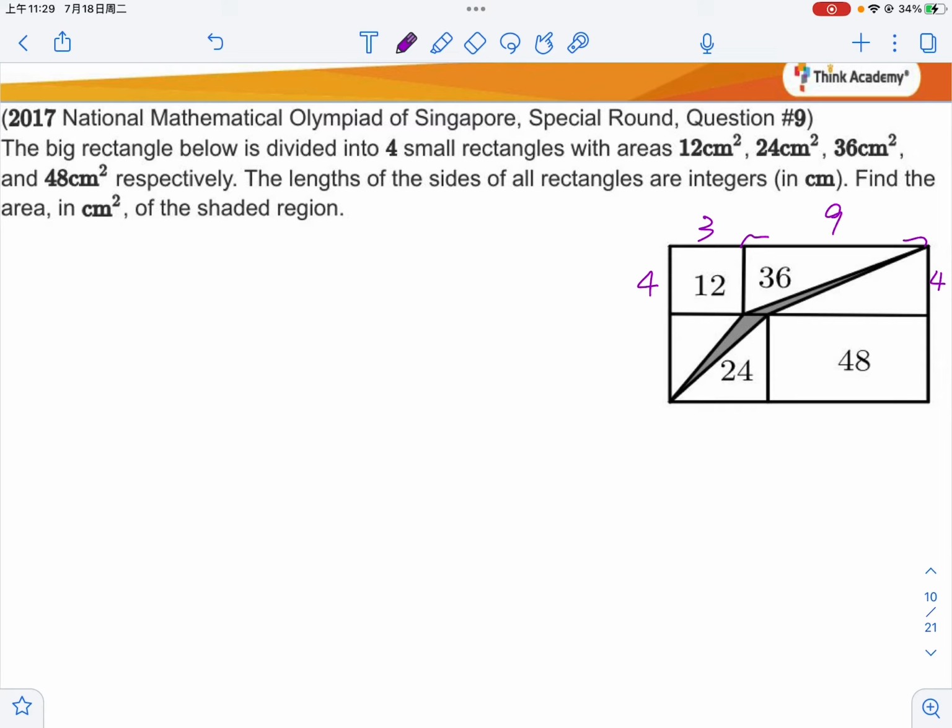And with 24, we want to know who times who can be 24. We may assume that 6 times 4 can be 24. And this is 6. 6 times what can be 48? 6 times 8 can be 48. So for this length, it's just 4 minus 3 equals 1.